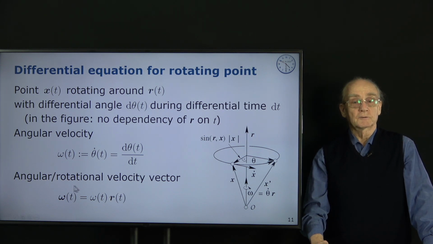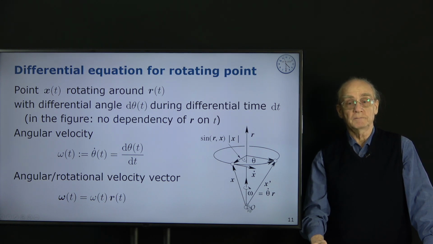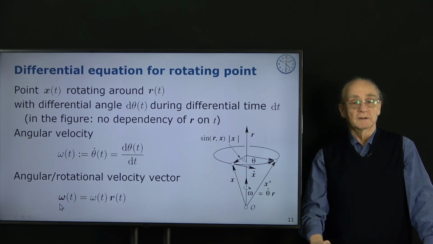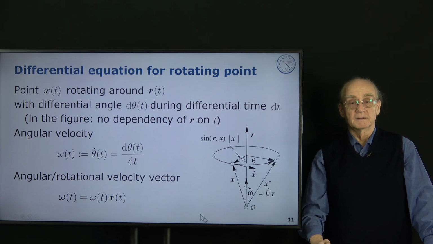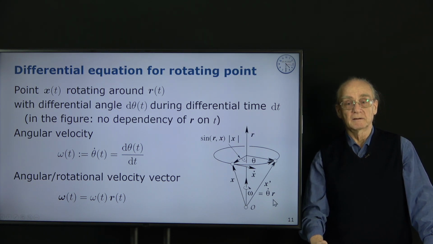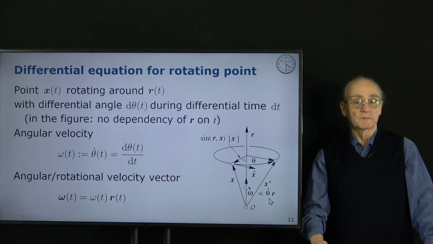Then we can, of course, multiply this omega with the rotation axis r, which is a unit vector, and we obtain the velocity vector, the rotational velocity vector or angular velocity vector. So this velocity vector, boldface omega, is in the direction of r and has the length theta dot. That means the rotational velocity.